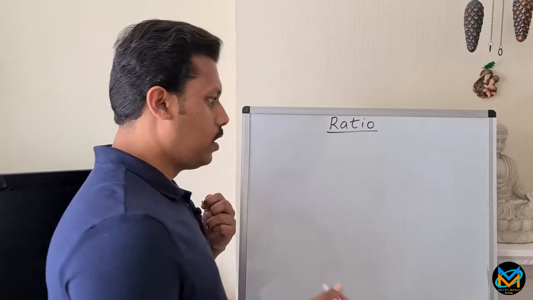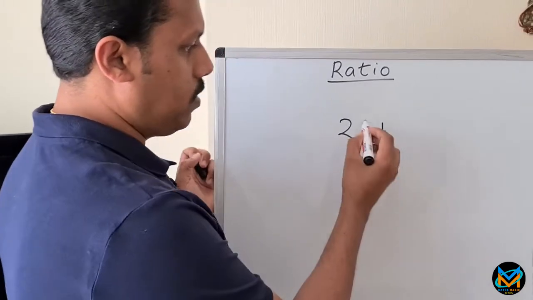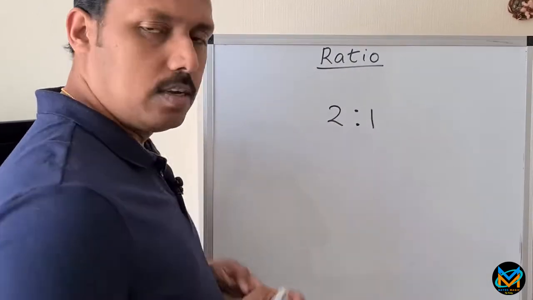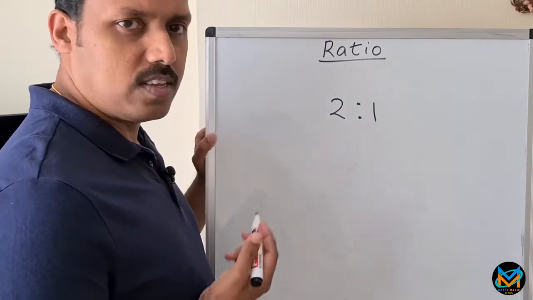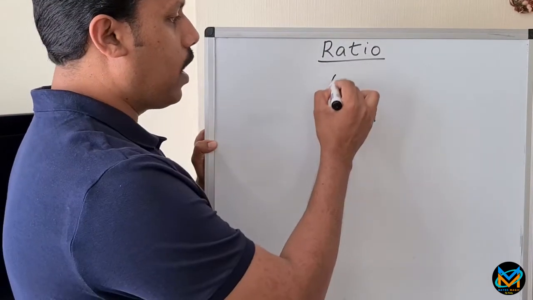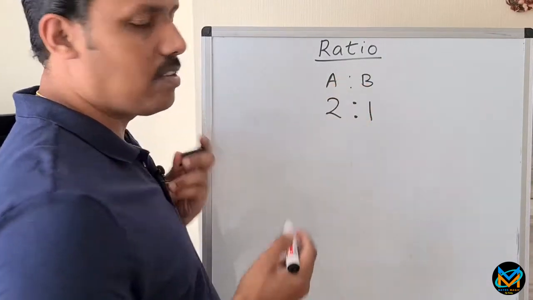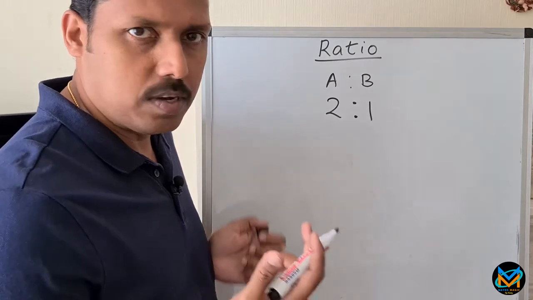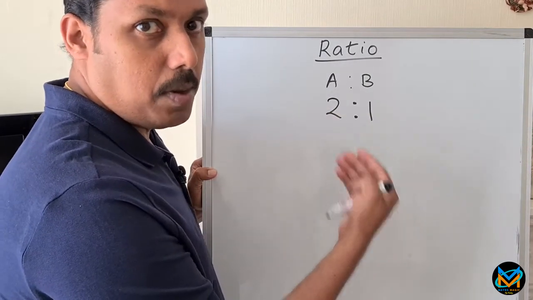It's that simple. Before we apply this trick, let me tell you what a ratio means. When you see something like 2:1, what does this mean? For example, A and B are in the ratio 2:1. Let's assume that A and B are persons. A ratio represents times, multiples.